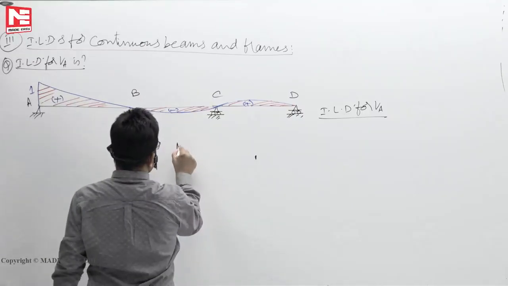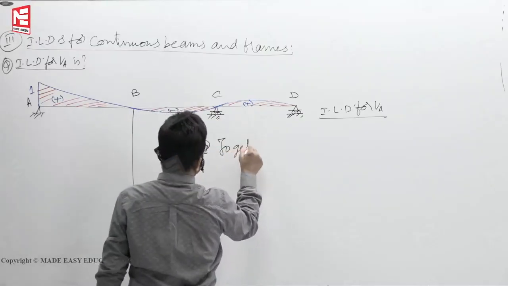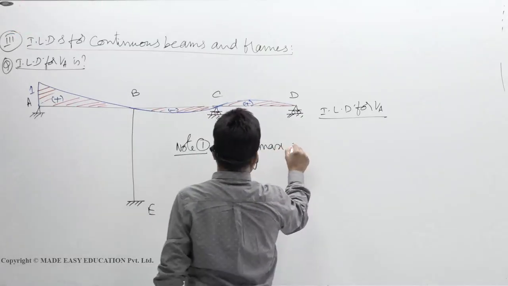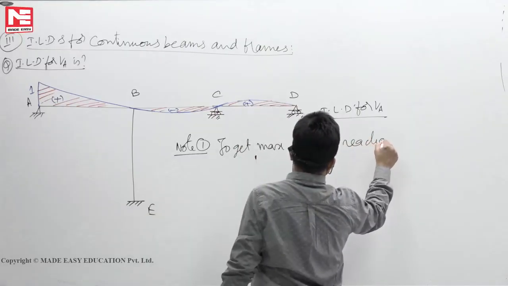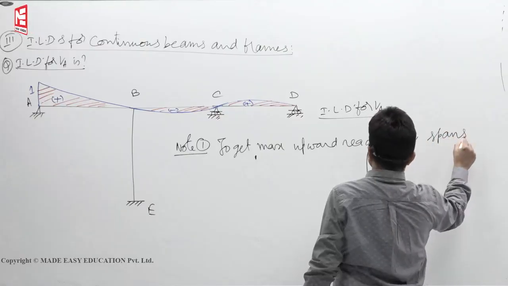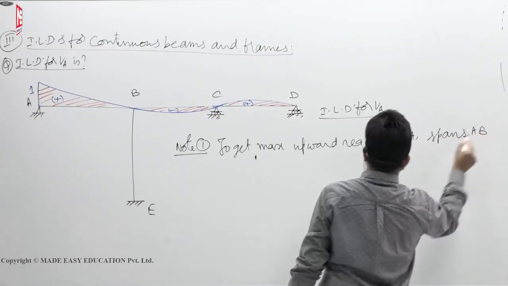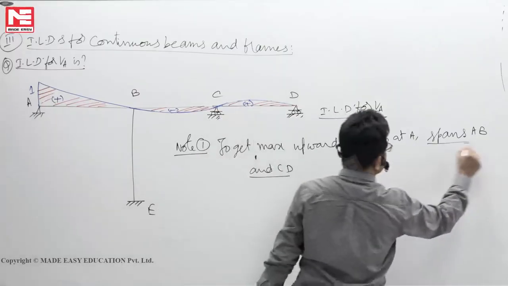So this is the node. To get maximum upward reaction at A, spans AB and CD must be loaded.